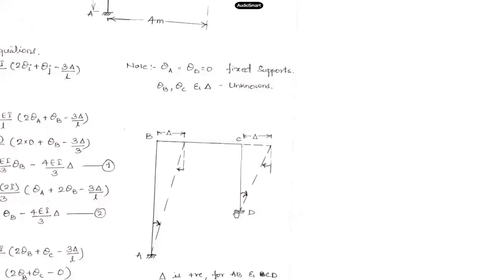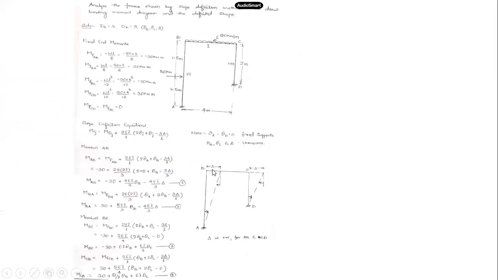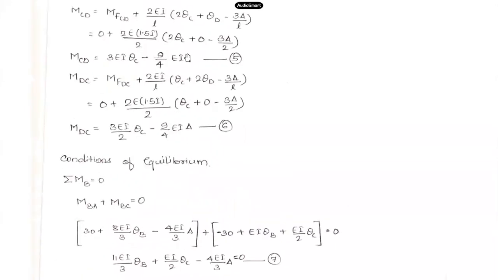Similarly with respect to joint D, the rotation is clockwise. So delta is positive in member CD. At both joints, it is taken as positive if the member is rotated clockwise. This is true for these vertical members. This is how you assign the sign. So for the equation for member CD, delta is taken positive in minus 3 delta upon 2.